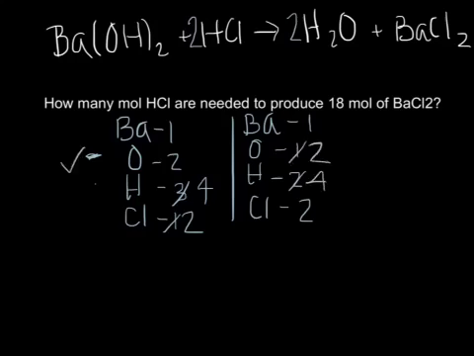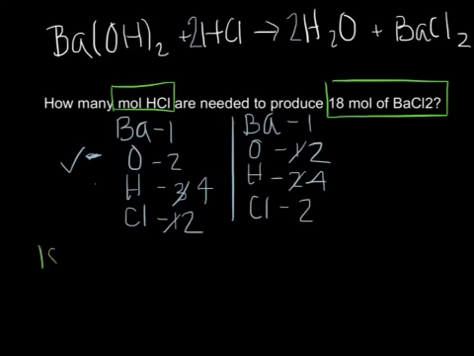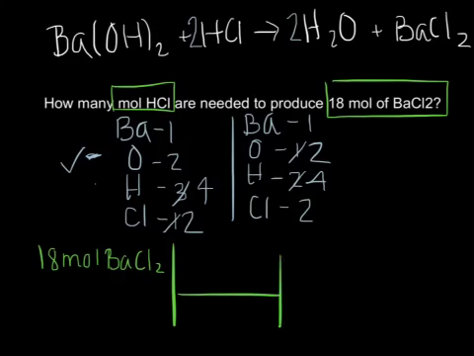Now let's look at what we're solving for. We were given 18 moles of barium chloride, and they want to know how many moles of hydrochloric acid. So we start with what we're given. We draw our H. Now how are we going to get from barium chloride to hydrochloric acid?